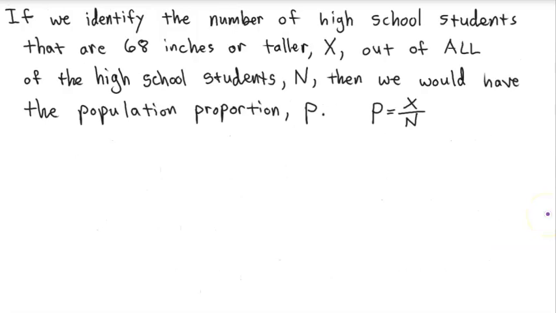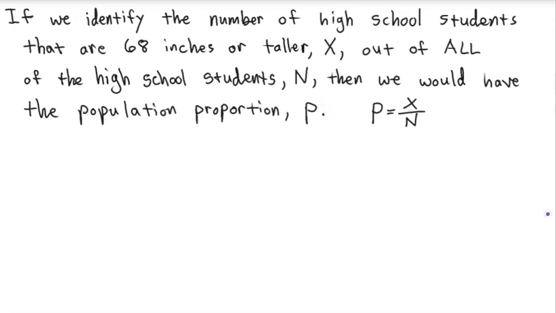But a mean is usually a number that's very similar to the actual variable that you are measuring. Now, suppose we identify the number of high school students that are 68 inches or taller. And when I say the number, I mean out of all of the high school students. All of the high school students, that's a population. If we were to measure out of all of the high school students in all of existence that are 68 inches tall or taller, we would have what is called the population proportion, which is just the letter P. Notice there is no hat on this one.